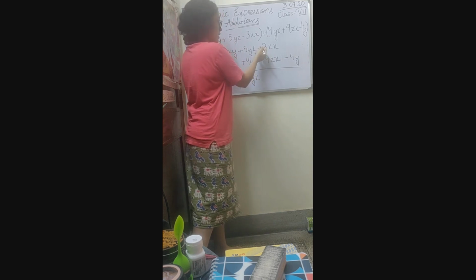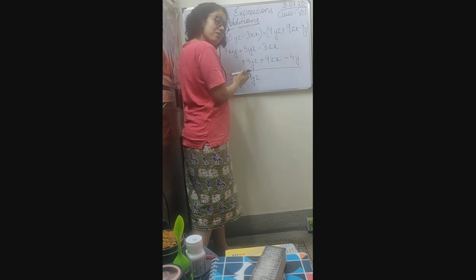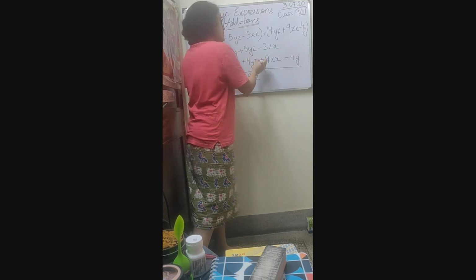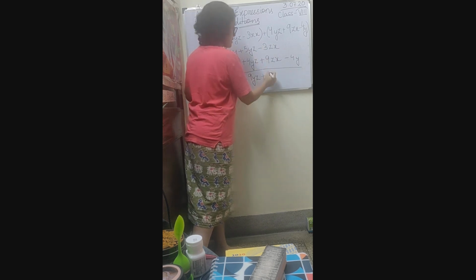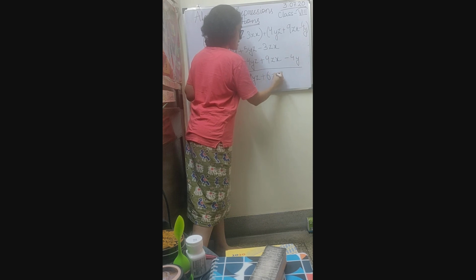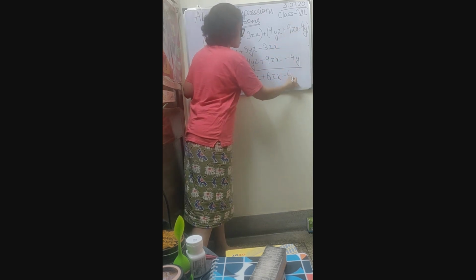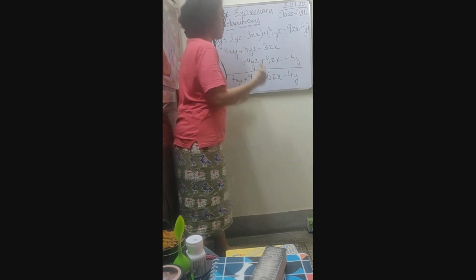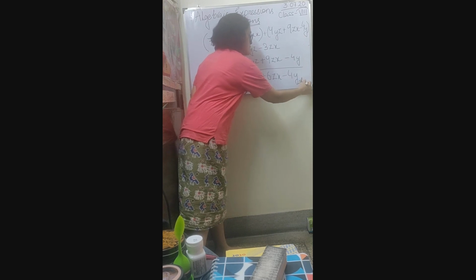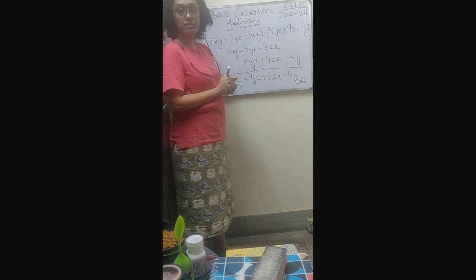We know if there are two different kinds of signs, then we subtract and the sign of the larger term is adopted for the answer. We get 6zx, and here again no operation, so minus 4y. If you tally it with the previous answer, you will find that the answers are the same. So this is the column method.